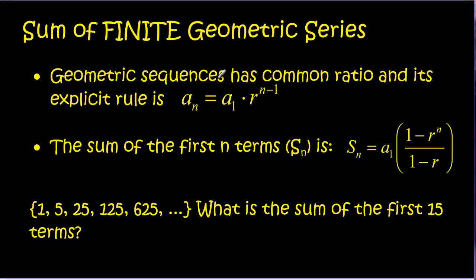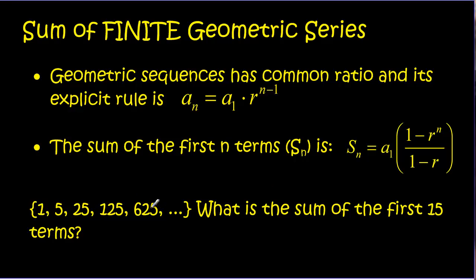And this is how we can write a rule for the nth term. So given that, and actually we don't need this rule on a geometric. The rule here for the sum of the geometric is much easier. All we need to know is the first term and our common ratio. So this is our formula that you'll be using for geometric series, finite ones.